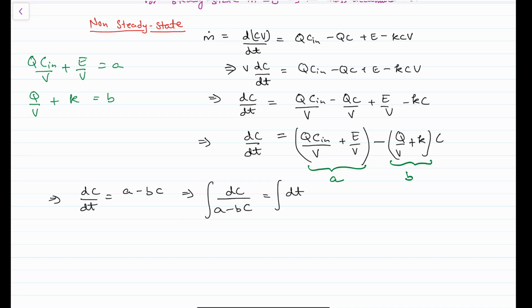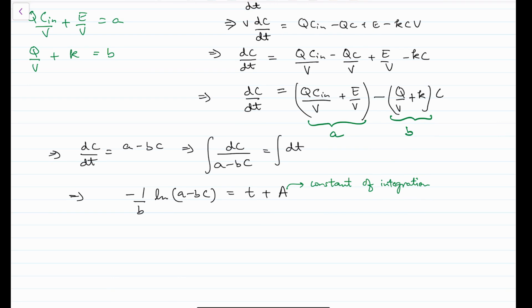You can look up the integration for this from your calculus class, but the integration of this would be minus 1 over B ln of (A minus BC) is equal to t plus, let's say, uppercase A, which is a constant of integration. And now we can solve for it by putting in initial conditions.